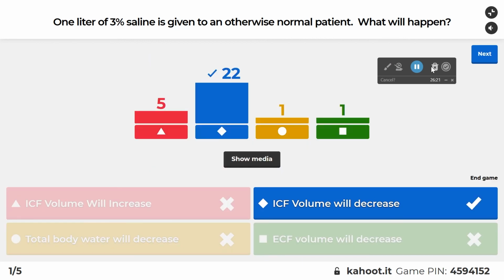Your intracellular fluid volume will decrease. Cells will shrink. It isn't the yellow one because you are still giving the patient water, right? So you're adding to the total body water. You're just moving it out of cells, which is probably not what you want to do unless you're trying to reduce swelling somewhere.